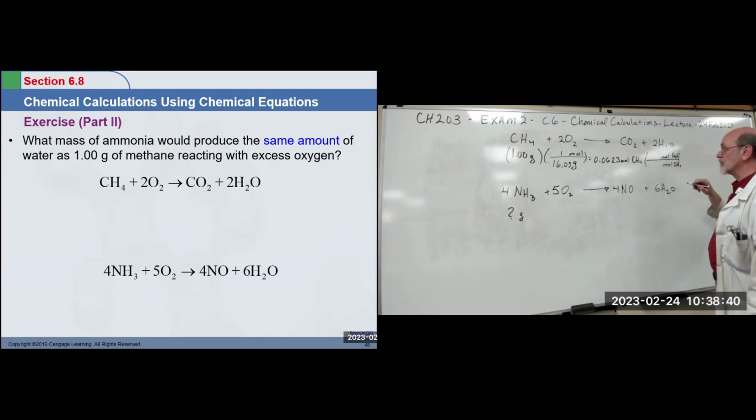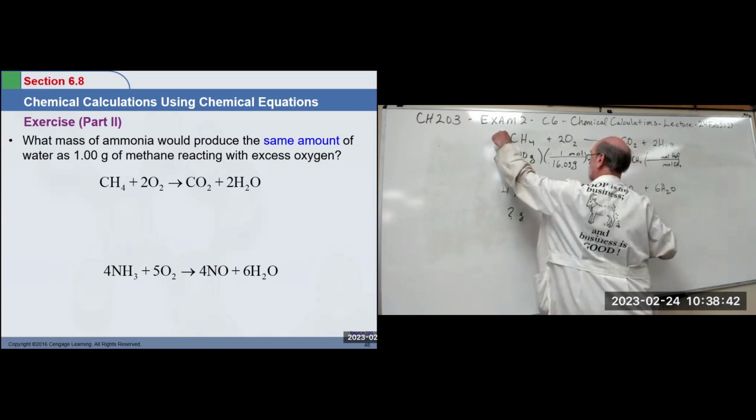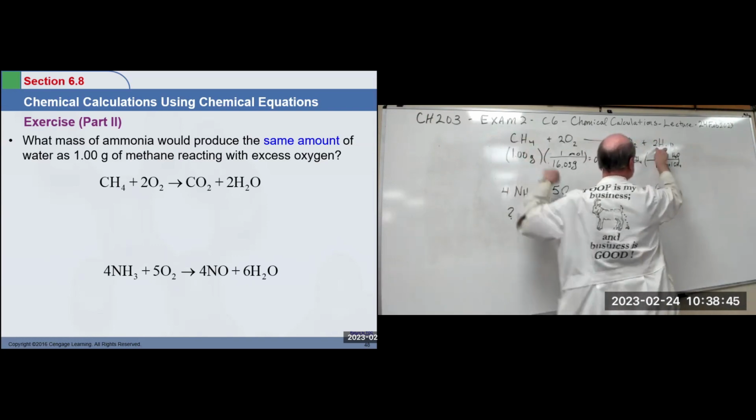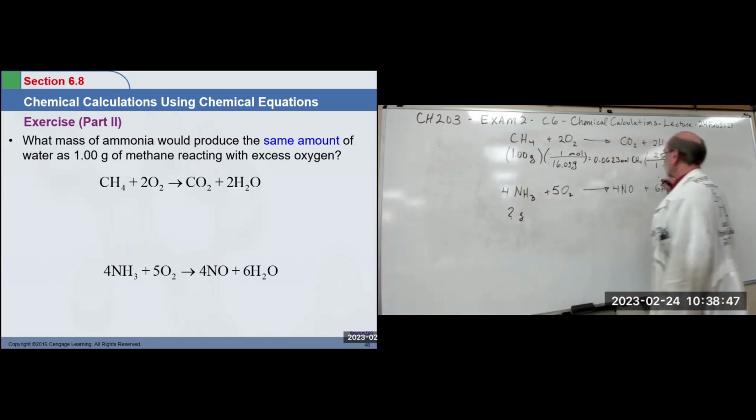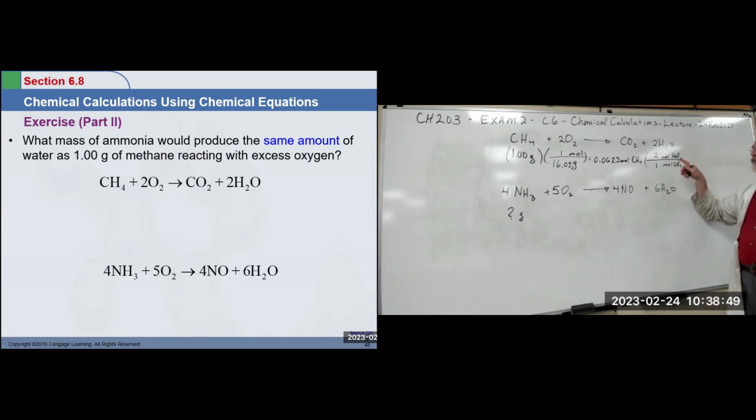What's the ratio of the two? There's a 1 right here, and there's a 2 right there. So for every 1 mole of methane, you produce 2 moles of water. And this will cancel moles of methane and leave us with moles of water. Right? So I just need to multiply by 2. 0.1246.